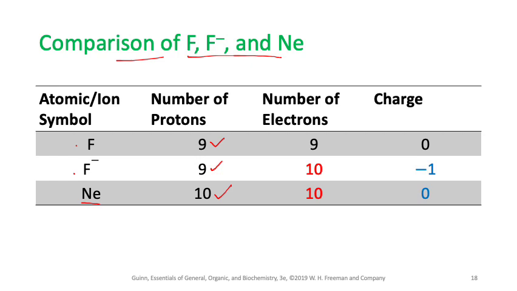Fluorine has no charge, so the number of electrons and protons has to be equal to be neutral. F negative one means it has 1 extra electron, going from 9 to 10, so a negative charge of 1. Neon has the same number of electrons, charge 0. So this is how you can calculate the number of electrons, protons and charge for non-metals.